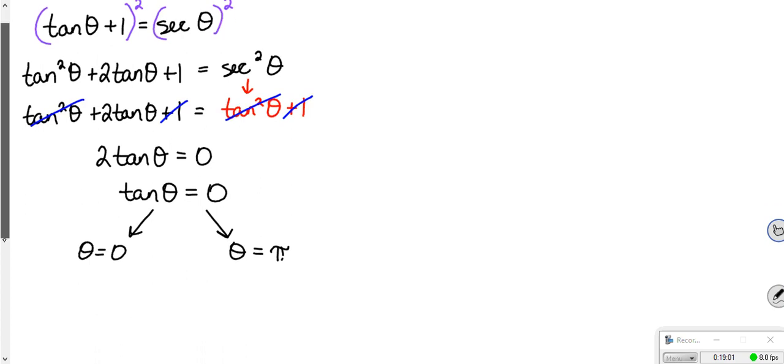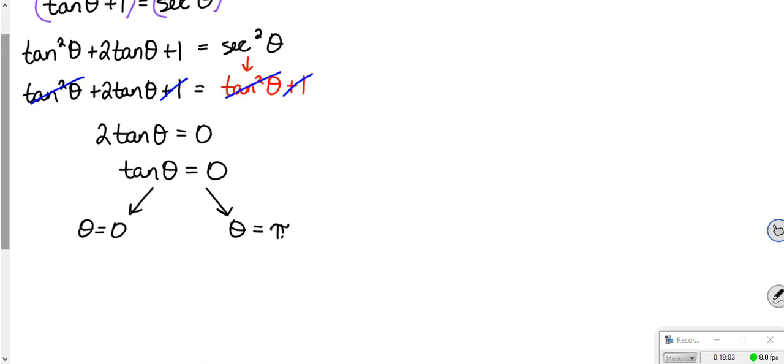So here's the trick though. At 0, if we plug it in, this would be, of course, 0 plus 2 pi k. But if we check it, if we go back to our original equation, do I get tan of 0 plus 1 equals secant of 0?